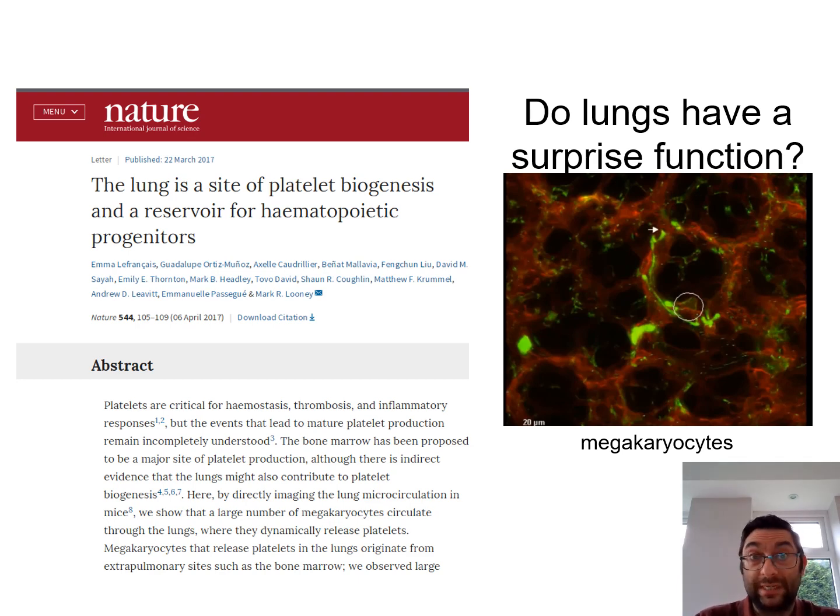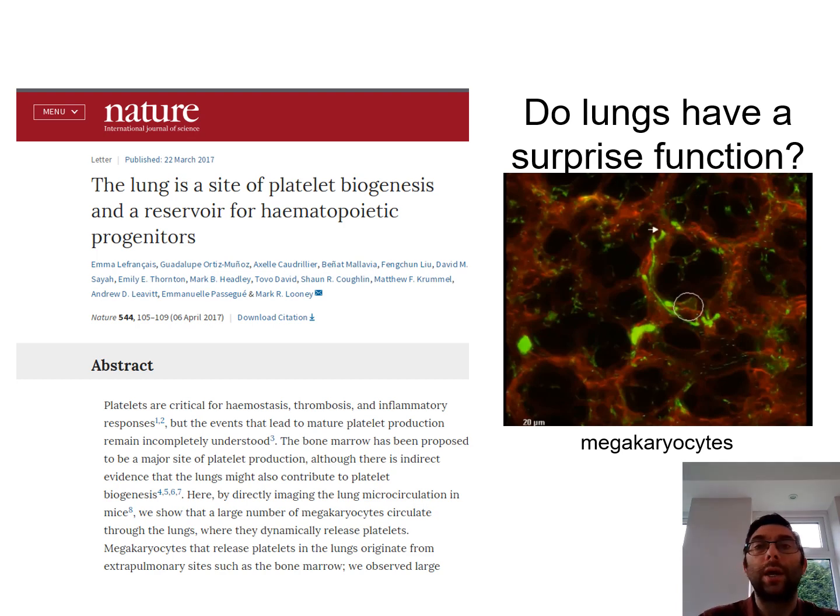So what this means is that there's essentially a huge reservoir of blood stem cells residing in the lungs, or being produced by the lungs, that could act as a possible backup system in case bone marrow function becomes impaired.